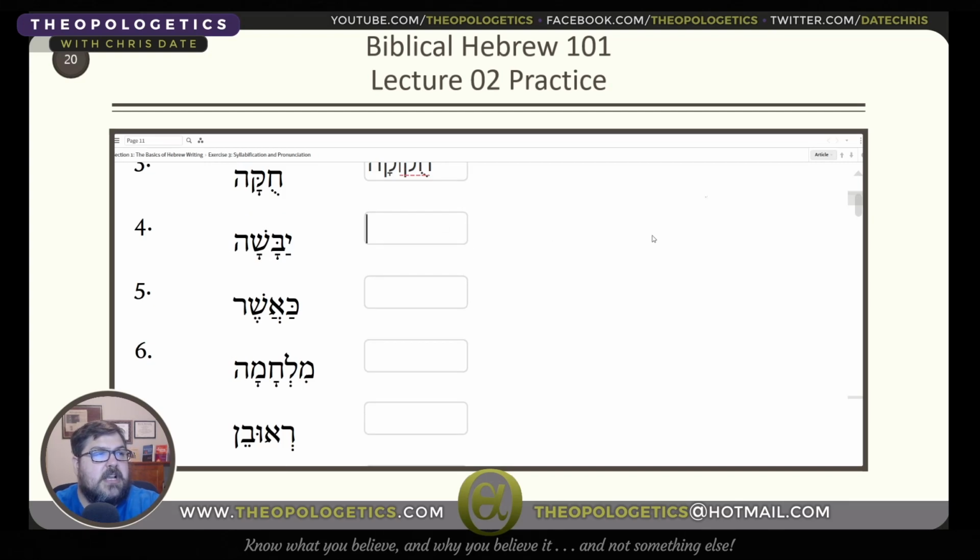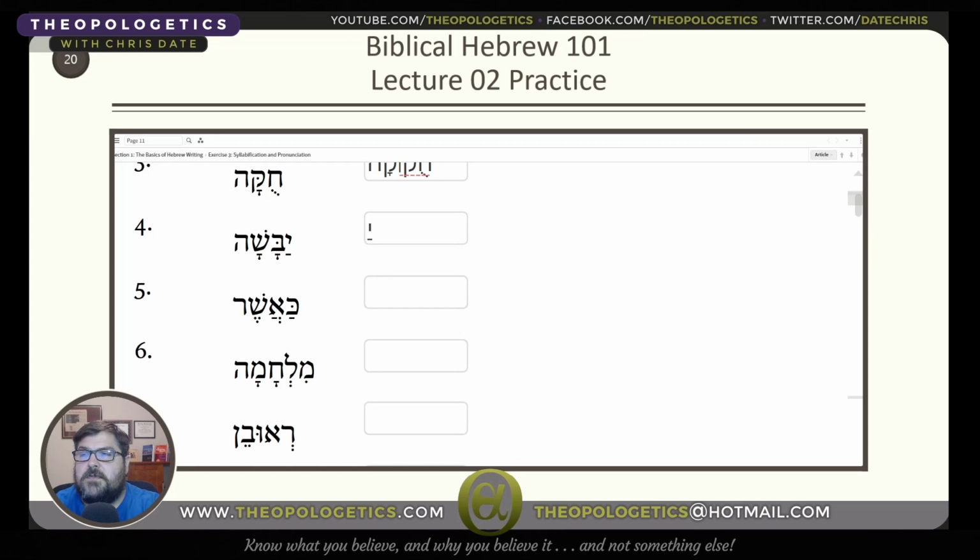Next up is yabasha. So we've got a yod with a pathach under it, and then we've got a bet with a dagesh. How do we know if that bet, a begadkefat consonant, has a dagesh lene or a dagesh forte? I'm going to refresh my own memory for a second and see if I can remember the rule that I taught you.